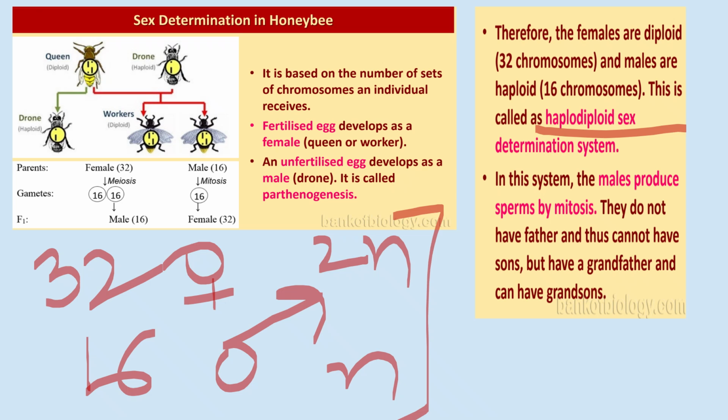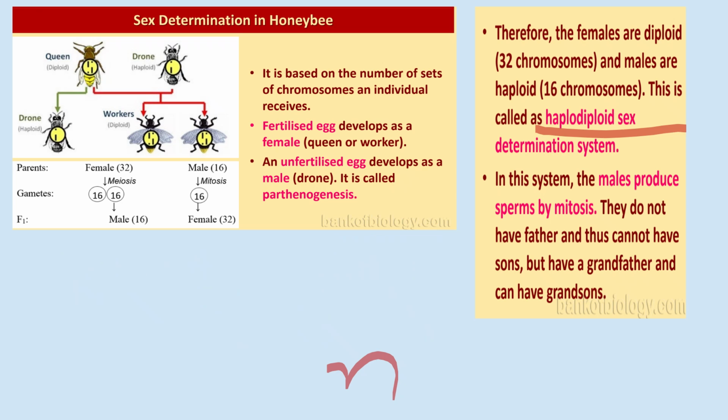It means that if an individual honeybee is formed from a fertilization, that will always be a female honeybee. Now you see a queen, a female honeybee, and a drone, a male honeybee. When they fertilize, fertilization will lead to development of female only.